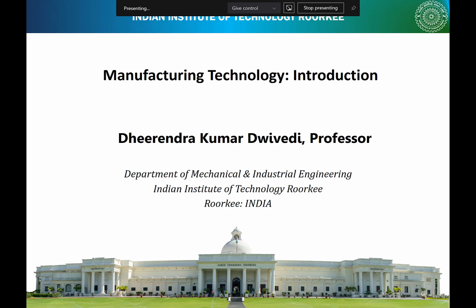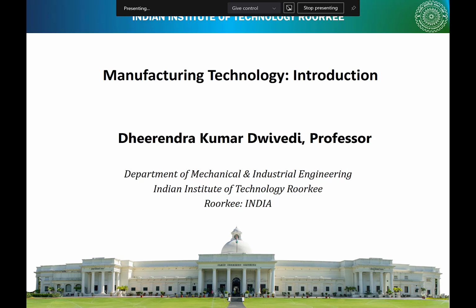Now these goods can be realized of any suitable material. It can be plastic, it can be wood, it can be metal. Whatever you see all around you, you will find that they are made of one or other material.